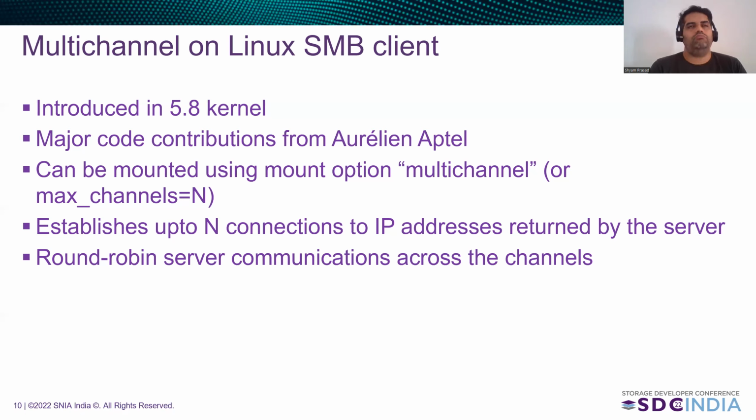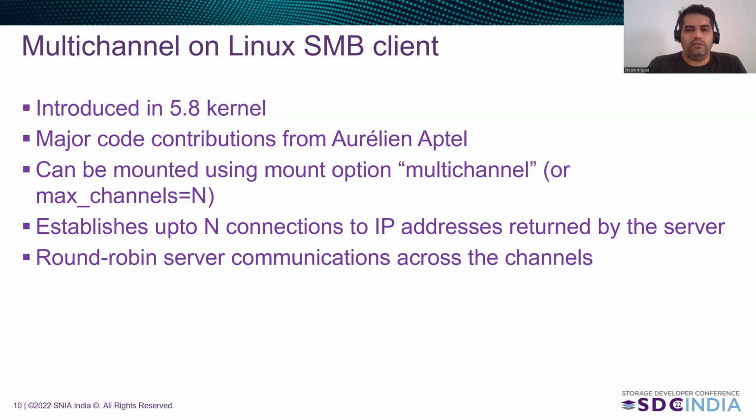It establishes up to n connections to the server using the IP addresses that are returned by the server. The way multi-channel works is that the client can query the server for the different interfaces that it has. In case of other servers that have multiple interfaces, it would return the different interfaces and the speeds that it supports.